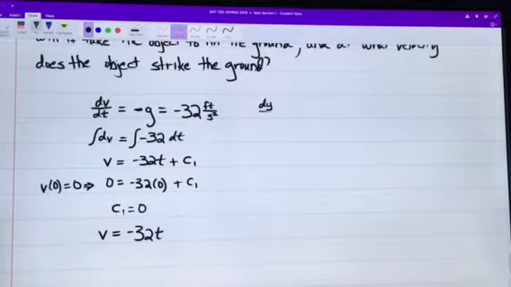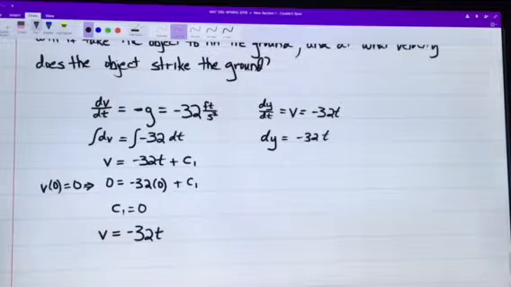Now, in terms of the distance, velocity is the change in distance with respect to change in time. So we have negative 32t for the velocity, and as we separate the differentials, dy is equal to negative 32t dt.